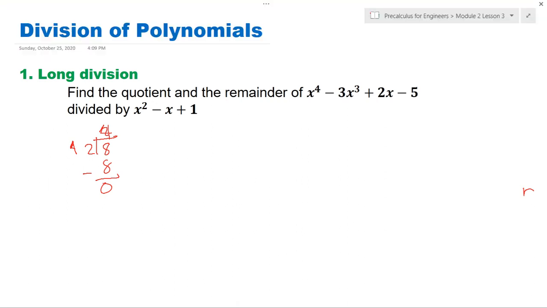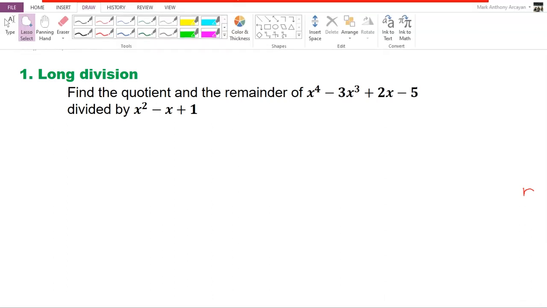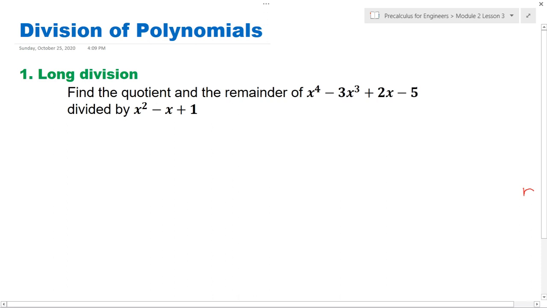Yung polynomial medyo complex lang siya tingnan. So draw a division sign or yung division bar. Then inside the division bar, write the dividend. So ito yung dividend natin, class. Copy mo lang. So you have x to the fourth minus 3x cubed, and you should copy from decreasing exponent.